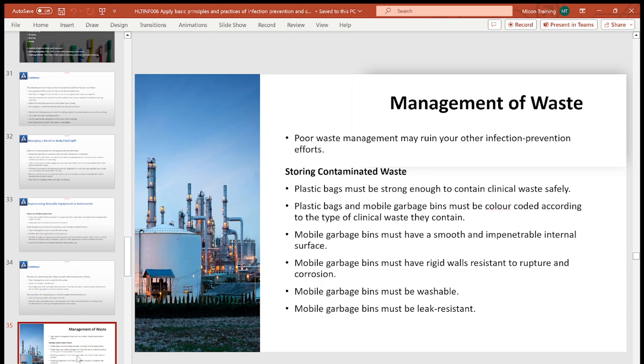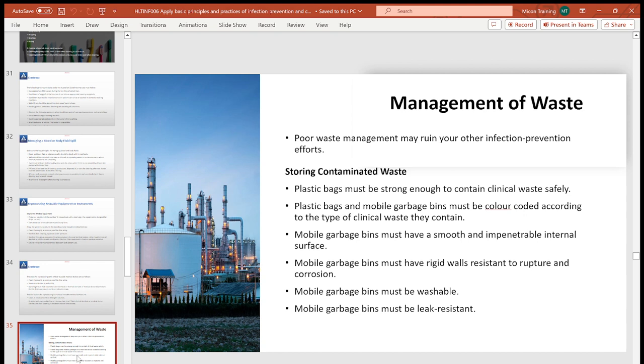Plastic bags must be strong enough to contain clinical waste safely. Plastic bags and mobile garbage bins must be color coded according to the organization's policies and procedures and the clinical waste requirements of the garbage that will be contained.